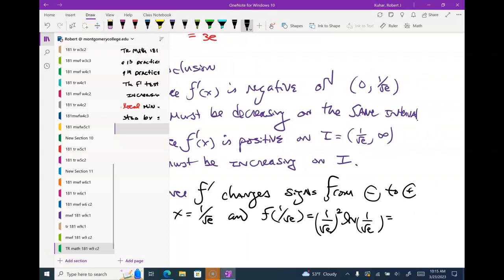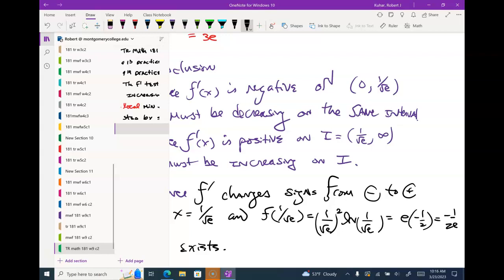What is that? E times negative 1/2, negative 1 over 2e exists. Right? Remember, I needed the derivative to change signs, and I need the point to exist. Yes? If the point doesn't exist, it can't be the top of a hill or the bottom of a valley.